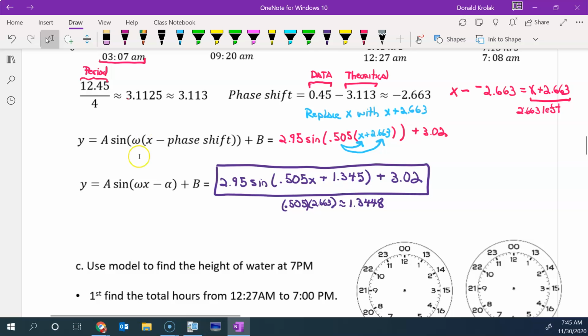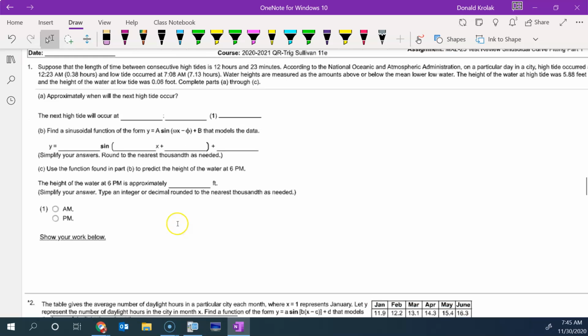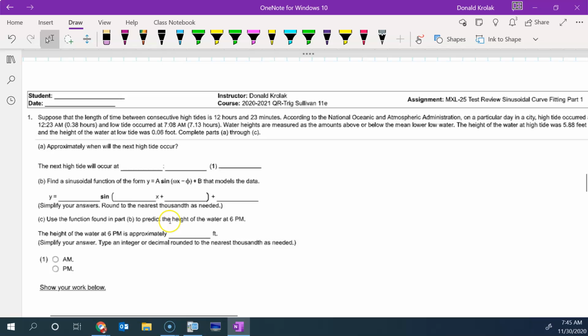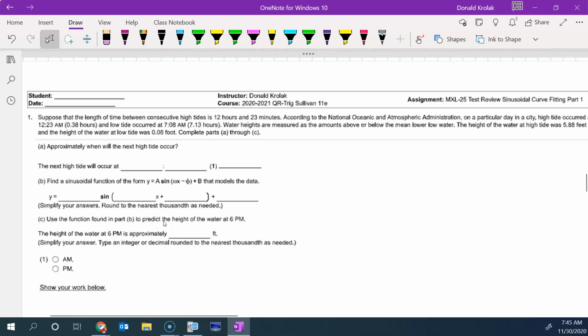So the first part of this problem is just writing out that formula. Okay, so when you do this on Math Excel, you're just going to fill in these boxes right here.